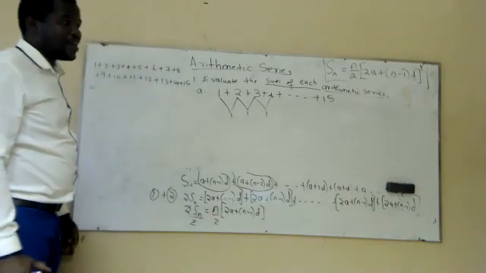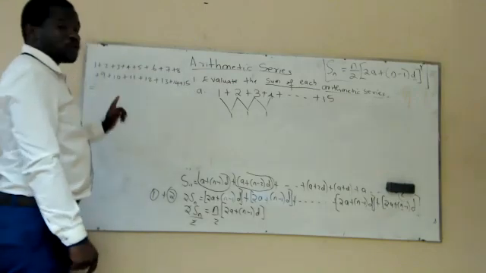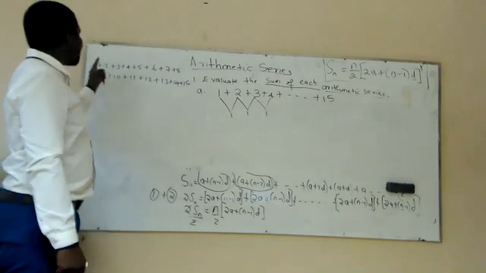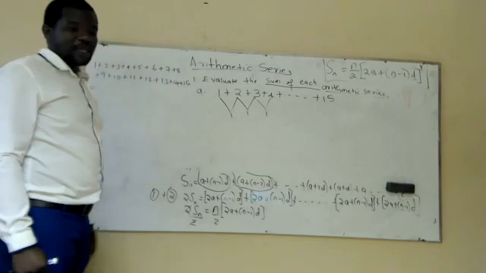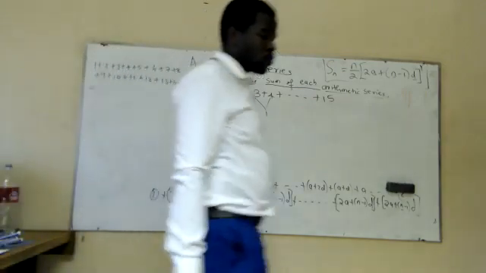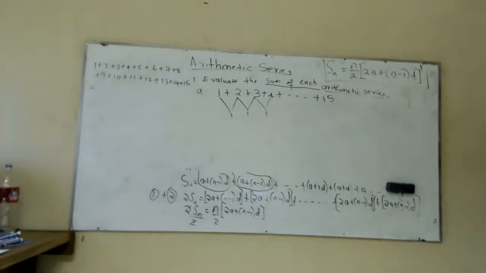I know there's room for making mistakes if you're not using a formula. So in your calculator, you're going to say 1 plus 2 plus 3 plus 4 plus 5 plus 6 up to plus 15. Tell me the answer you get when you add this using your calculator.